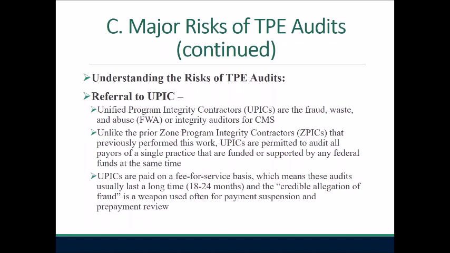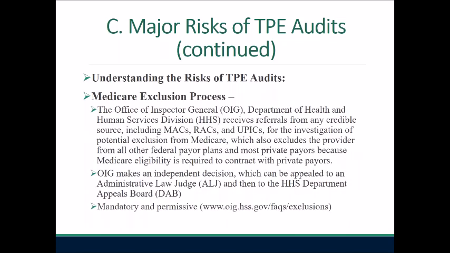Now, they're on a fee-for-service basis, which means they don't get paid on a contingency, but they usually have a very long audit process, and they wield their weapon of a credible allegation of fraud. They frequently implement payment suspensions and prepayment reviews.